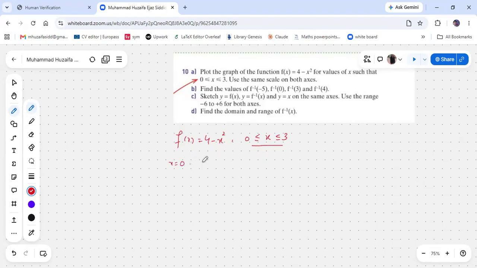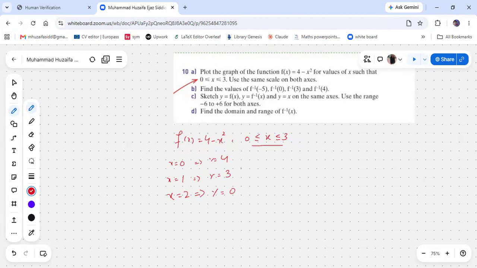So look at here, when we put x is equal to 0, our y is equal to 4. When we put x is equal to 1, y is equal to 3, and when we put x is equal to 2, y is equal to 4 minus 4, this is equal to 0.